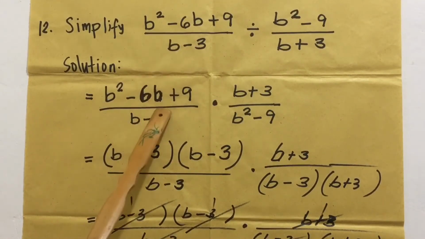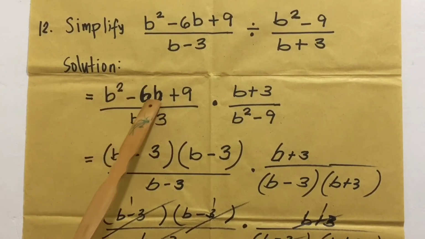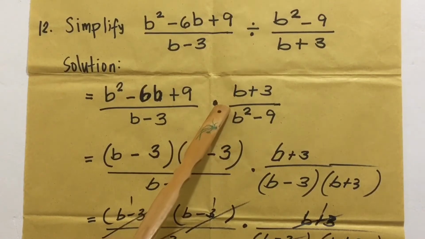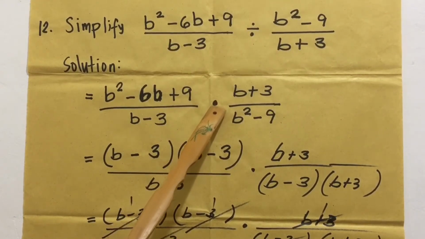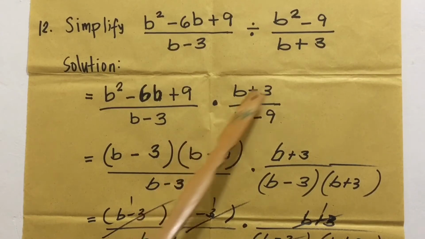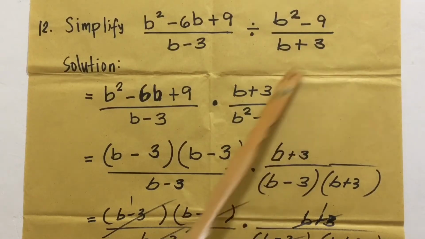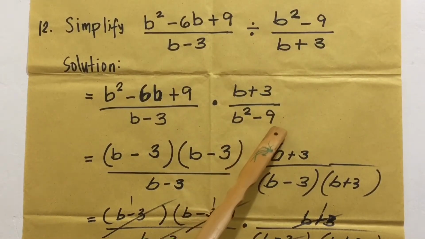The first thing we do is copy the first rational expression, b squared minus 6b plus 9 over b minus 3. Then the division changes to a multiplication symbol. Then find the reciprocal of b squared minus 9 over b plus 3. So the reciprocal of this is b plus 3 over b squared minus 9.